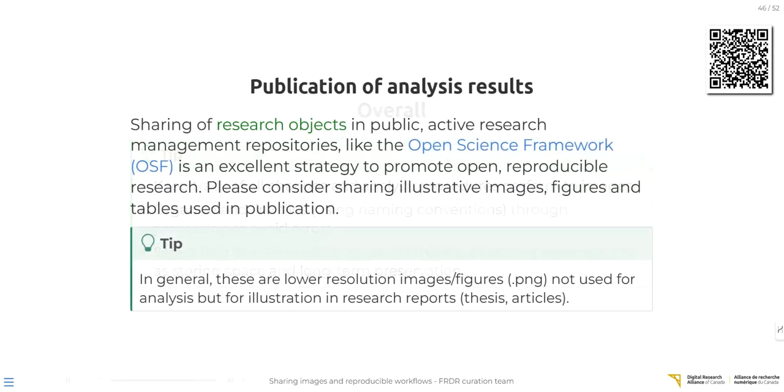Publishing your research objects in active research data management platforms, such as the Open Science Framework, OSF, is an effective way to promote open and reproducible science. Don't hesitate to share the illustrative materials you use for your publications, such as figures, tables, and sample images. These materials help others understand and reproduce your findings and are also valuable educational and public resources.